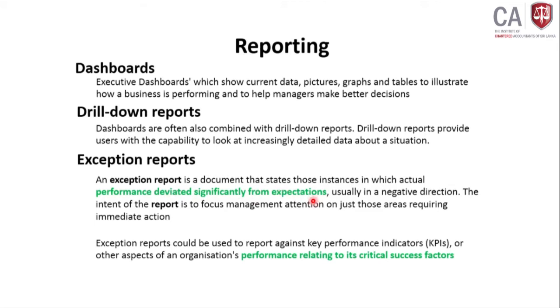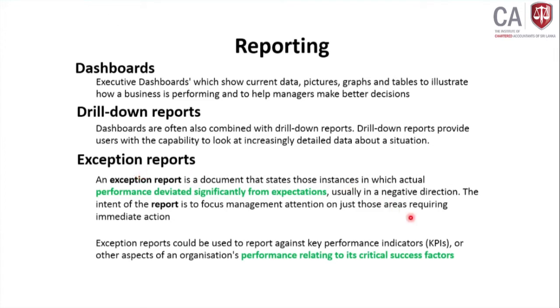You expected 1 million of goods sold in the market in December, but you could sell only 500,000. So there is a problem. That is shown in the report. That is an exceptional report.